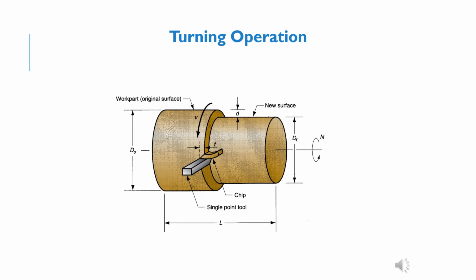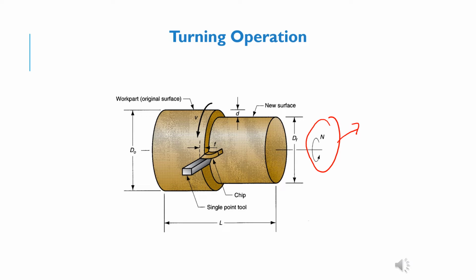Now let us see the components that are in the turning operation. The first one is the parameters in the turning process, given by N, which is the revolutions per minute, RPM. So this one is usually related to the cutting speed of the workpiece.